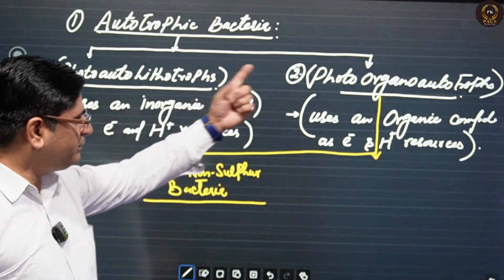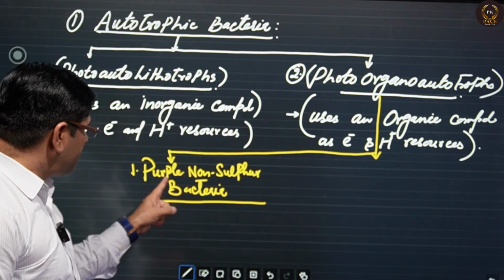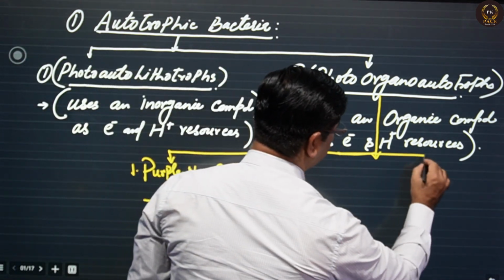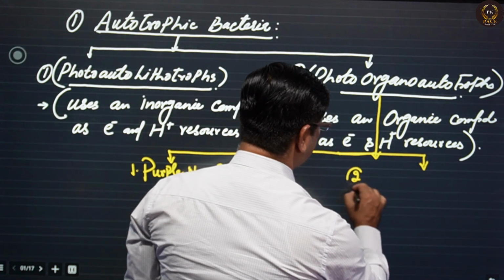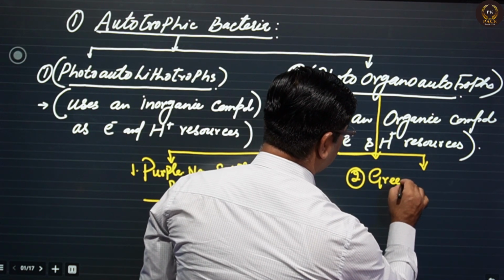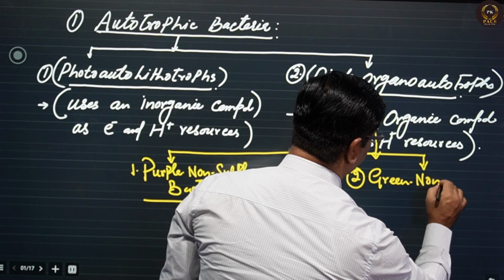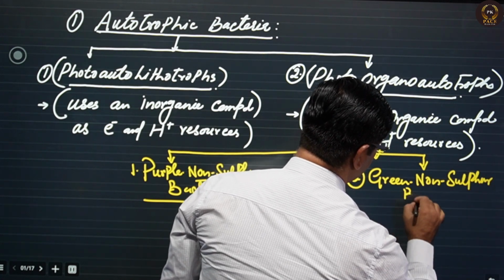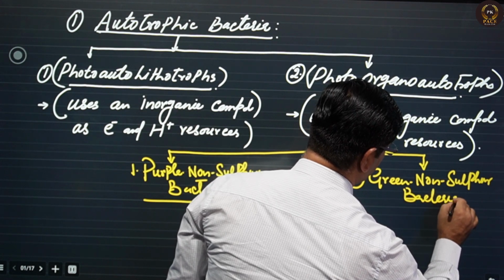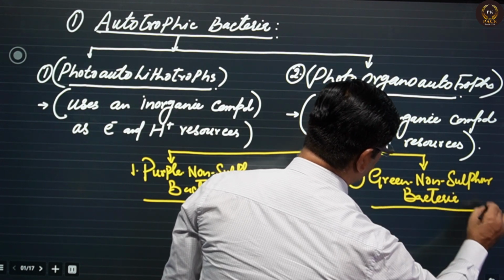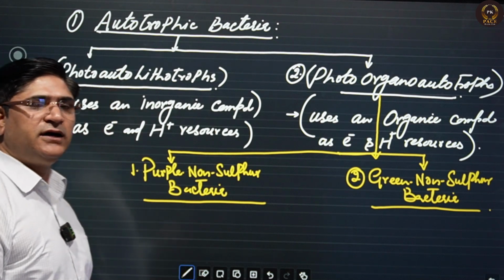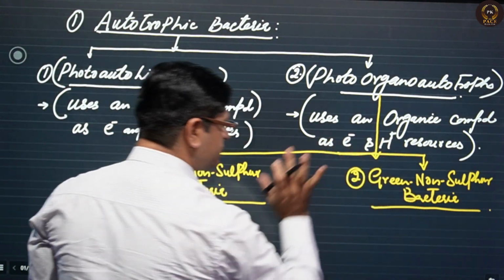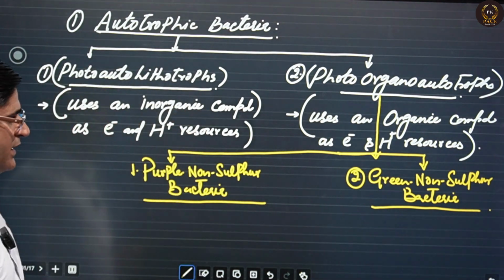Now here in photoorganotrophs, there is the purple non-sulfur bacteria, and another is green non-sulfur bacteria. So remember, in both categories you have to write down non-sulfur. There was sulfur in the first one, here it is the non-sulfur containing bacteria.